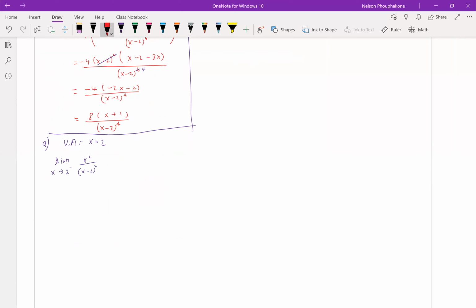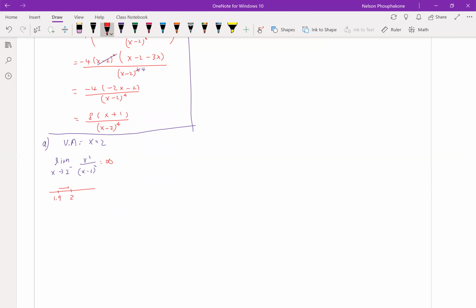Remember, how do we do this? If it is from the left, meaning we plug in about 1.9, you will see that this is positive, meaning this one will go to positive infinity.